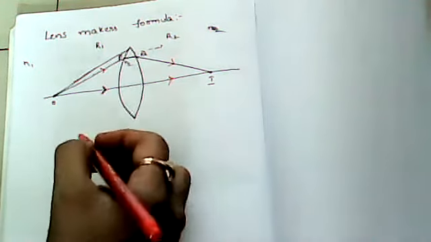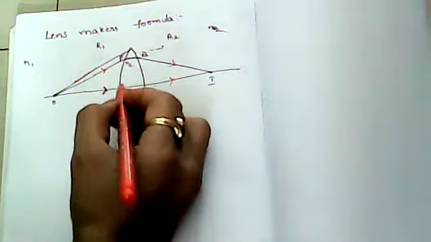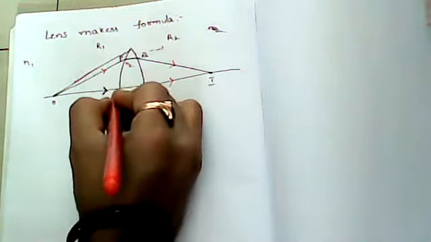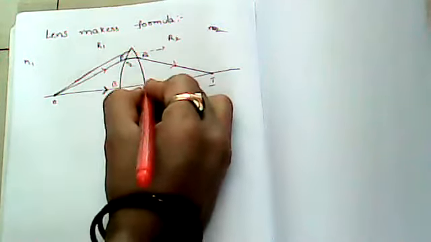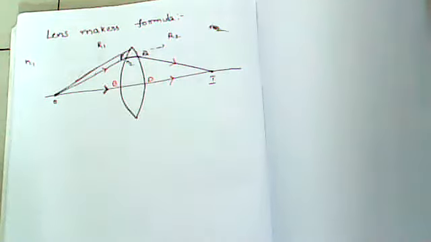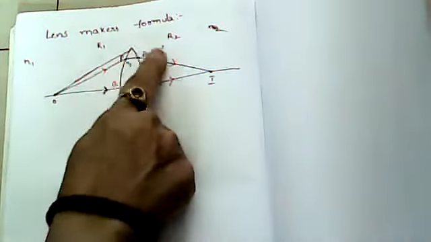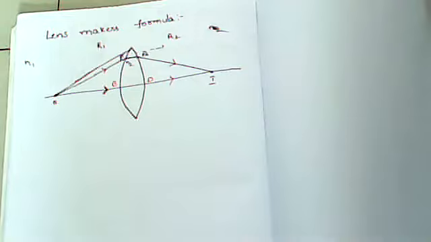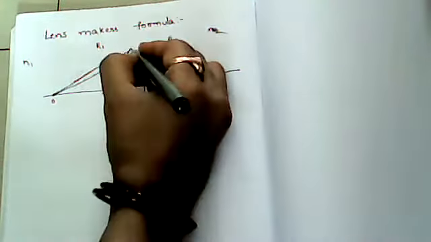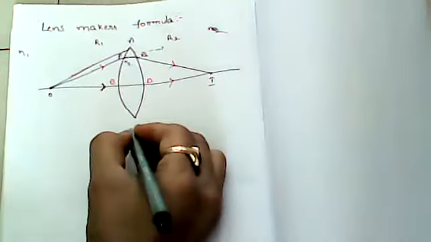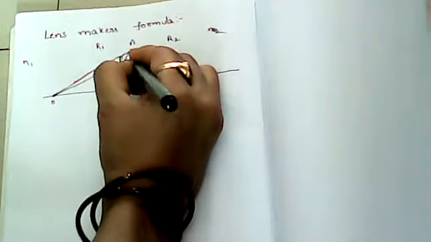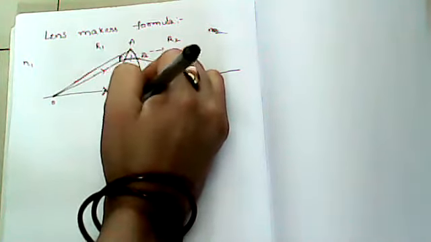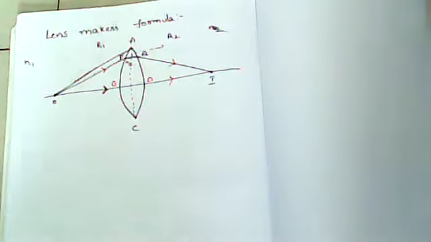Okay, right. And now these two points are named B and D. So this is PQ, this is BD. And this is the lens AC, let us take AC as a lens now.